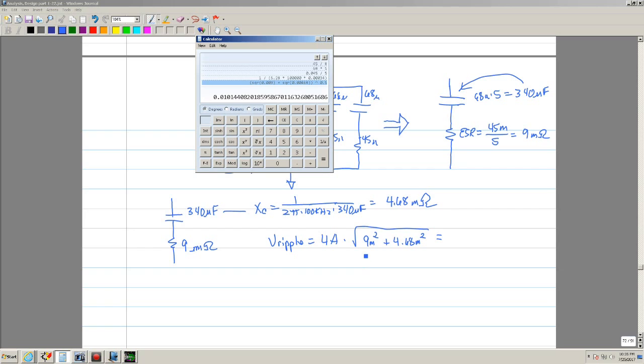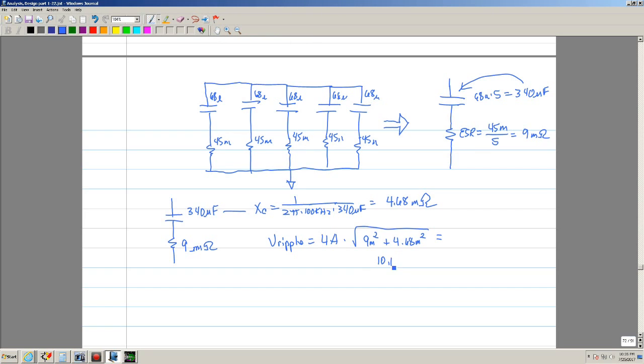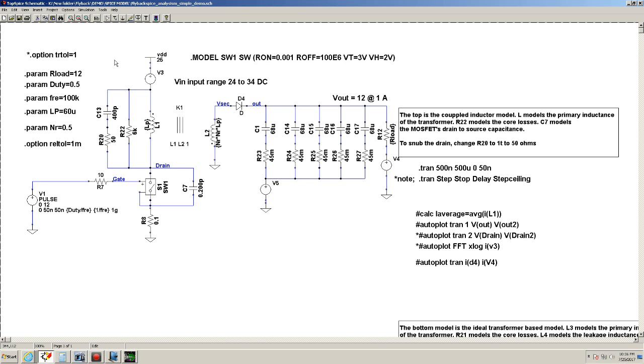So this is approximately 10.1 milliohm, so you should have 40.4 millivolts peak to peak, or at least close. It's an approximation, of course. Let's do that.